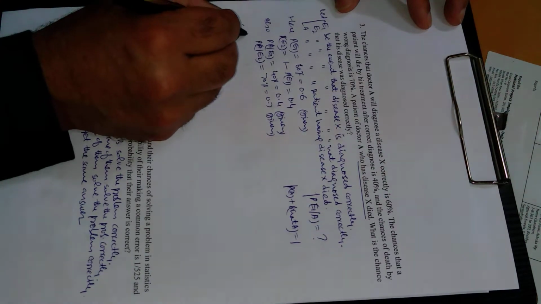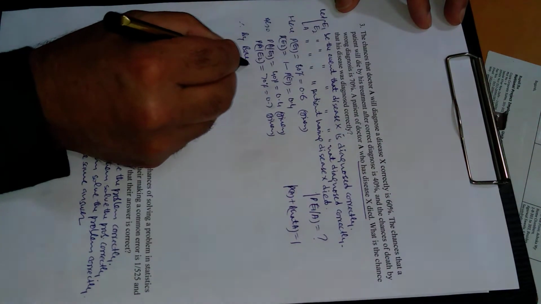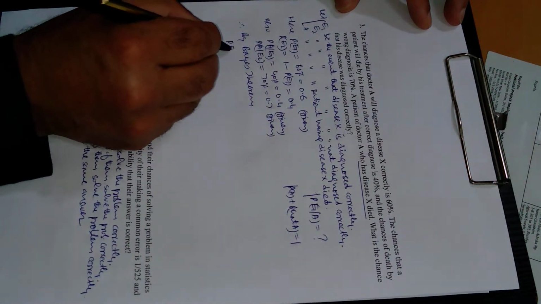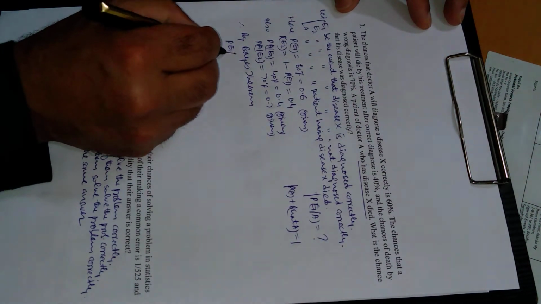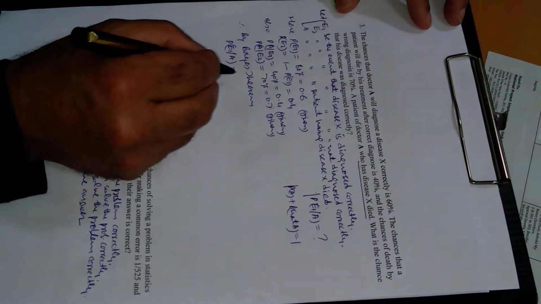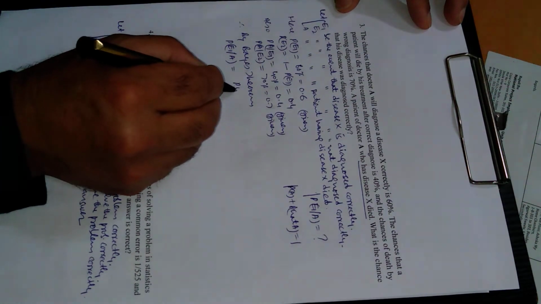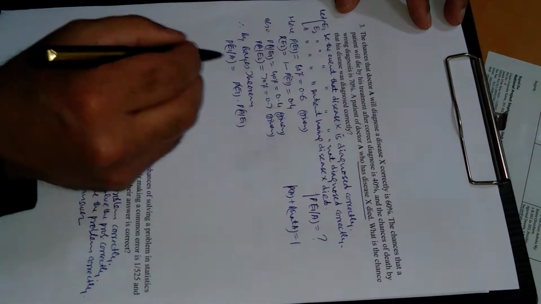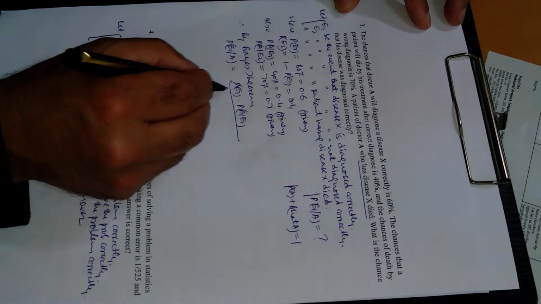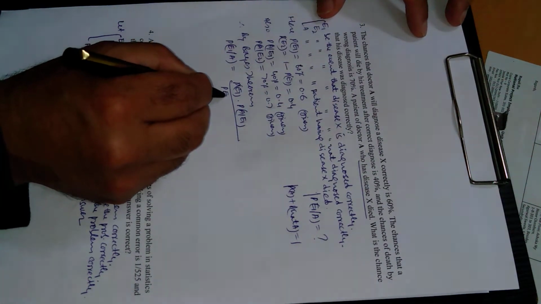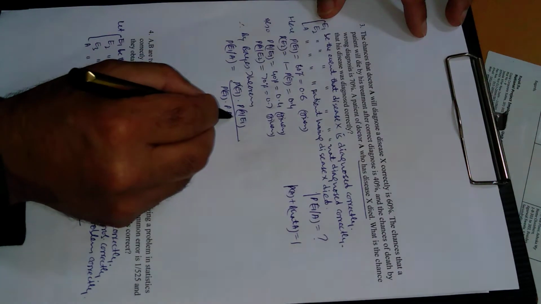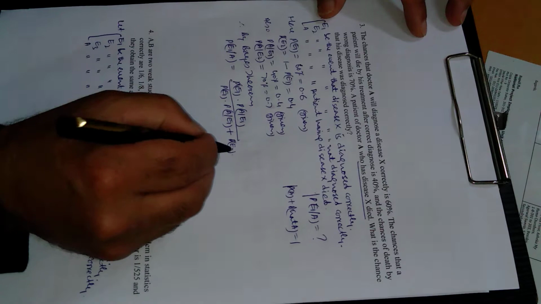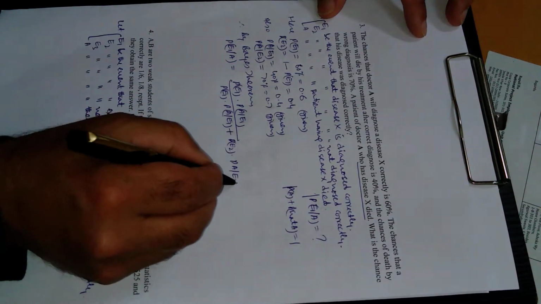Therefore, by Bayes theorem, we have to find the probability that the disease is diagnosed correctly and the patient died. So this is P of E1 times P of A when E1 has already occurred, divided by P of E1 times P of A when E1 has already occurred plus P of E2 times P of A when E2 has already occurred.